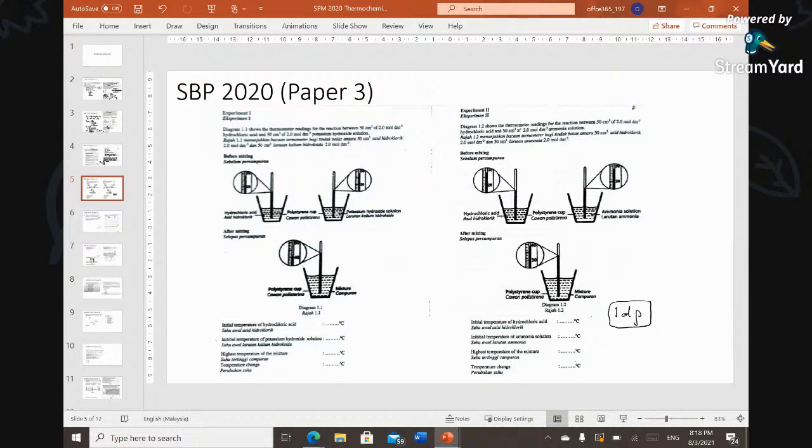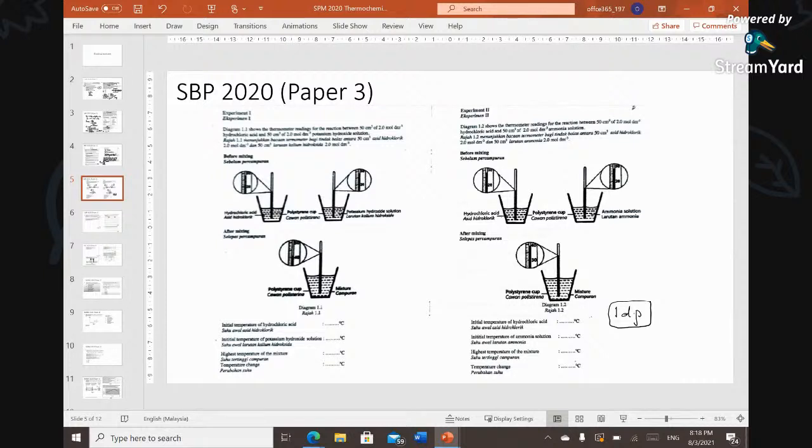Okay, initial temperature of the hydrochloric acid. Over here it's not so clear. You can refer to your own SBP paper, if you have a clear one. So the first one, for example, I just give you one.